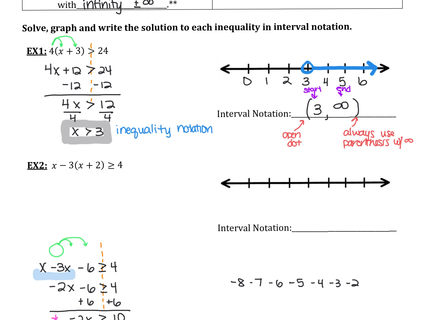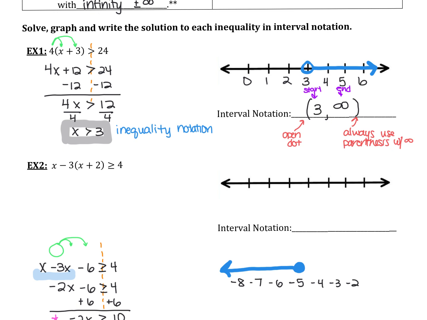Well, because it says it's less than or equal to, I know that I'm going to put a closed dot at -5. Now, which way am I shading? If it's less than or equal to -5, I need to shade towards the more negative numbers, -6, -7, -8. Again, these are algebra questions, so you could check your work if you needed to.